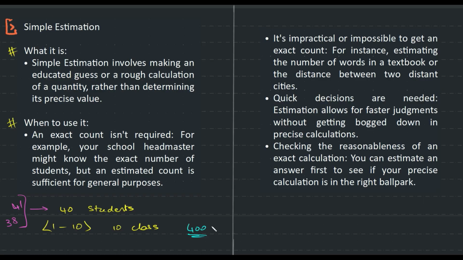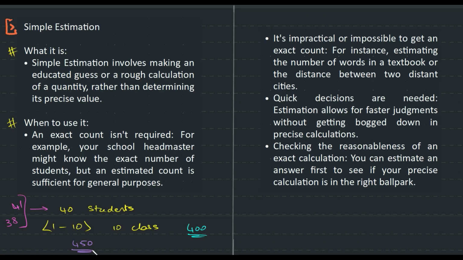If there is a parade and at the end of it we want to give something to the students, and someone comes to the headmaster asking how many of a particular item we should buy and keep, the principal might end up telling 450.